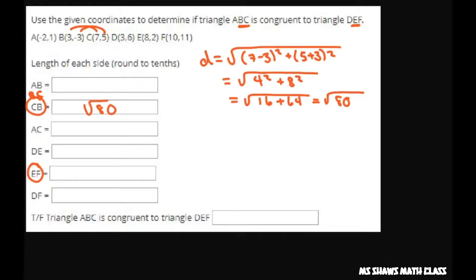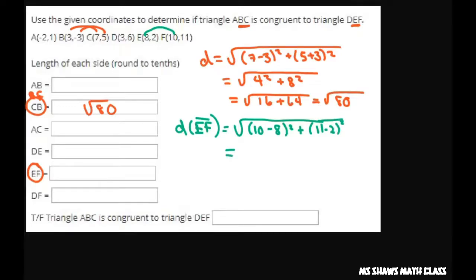Now let's try the distance of EF. So that one's going to be EF, 10 minus 8 squared plus 11 minus 2 squared. So that equals the square root of 2 squared plus 9 squared.